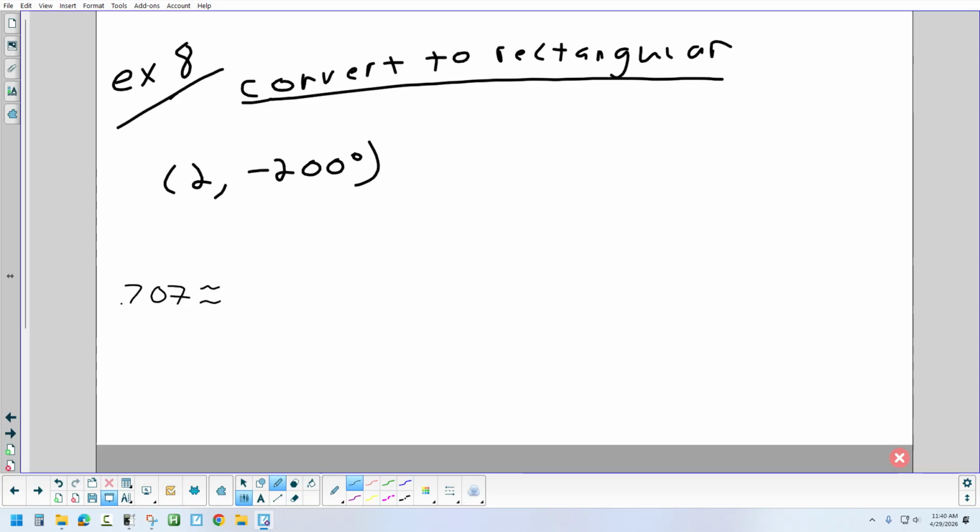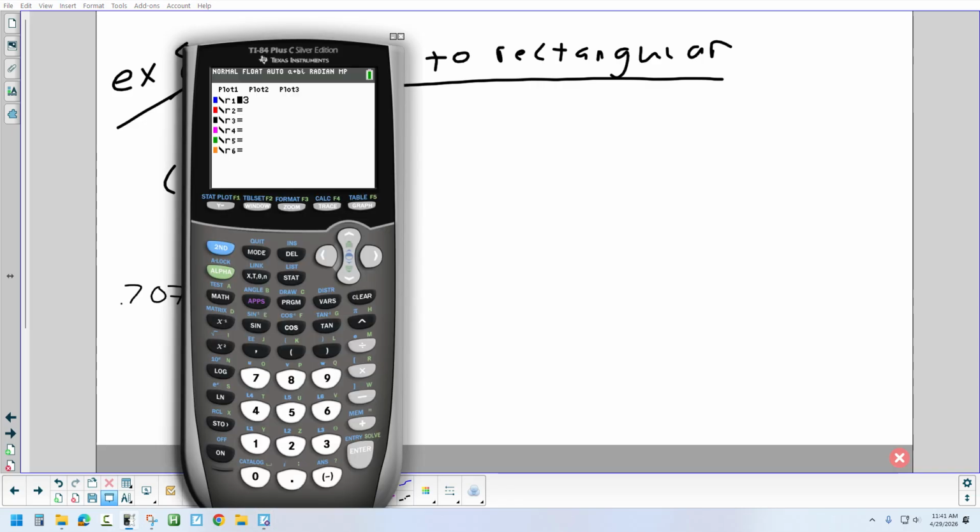If you see 0.707 come up in our calculations, that's a special number we've talked about. It's the square root of 2 divided by 2, a number from the unit circle. So if we see this decimal, we need to use that number instead.